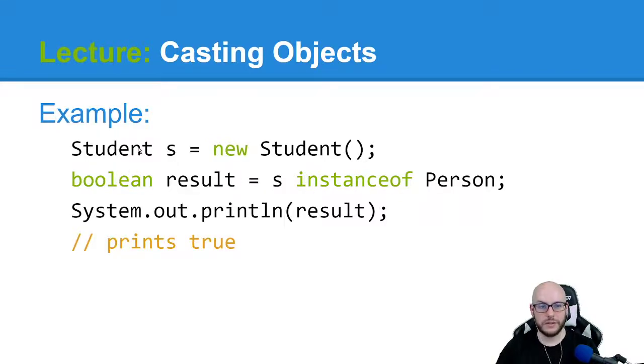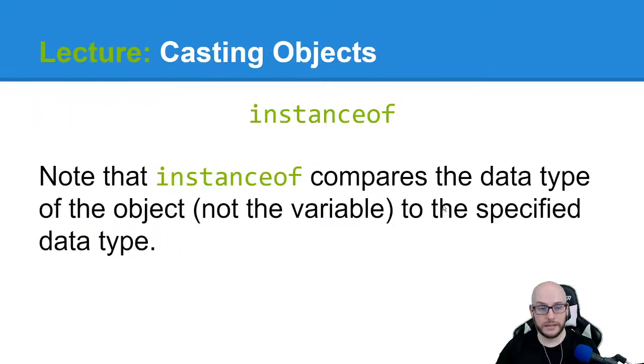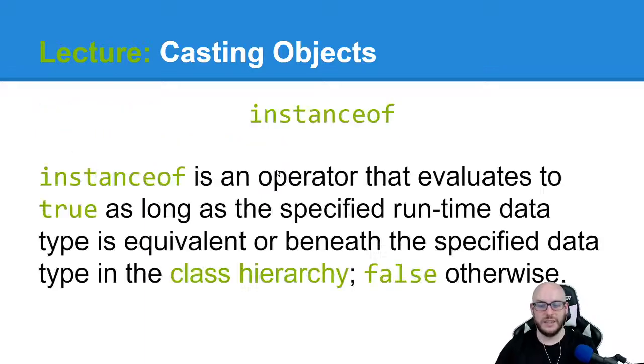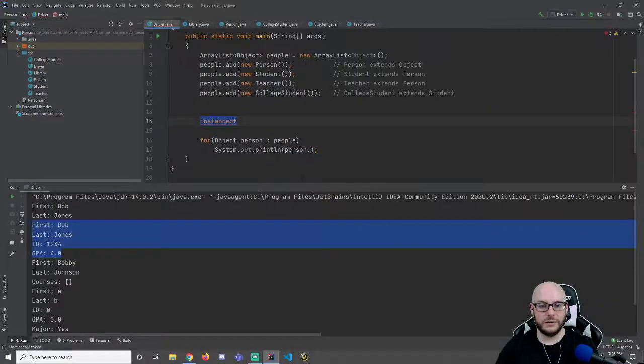Okay, here's where it gets interesting. Here I have student. And I want to know, is student equal to or beneath person in the class hierarchy? Yes. Note that this compares the data type of the object, the runtime data type, not the data type of the variable. That is why my slides did not say that here.